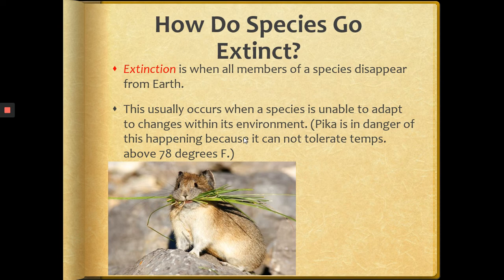The problem with this is the pika's food source does not live at these higher elevations where it's cooler. So the pika is actually in critical danger of becoming extinct because of this change in environment. And obviously, if there's individuals that are not able to adapt to this change, then we could see this little guy completely disappear from Earth.